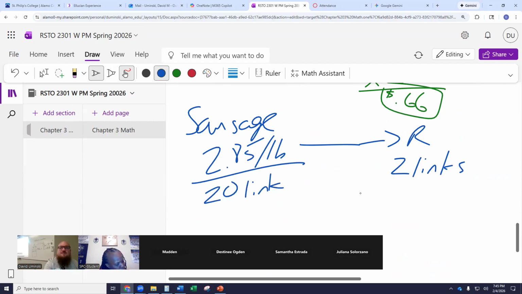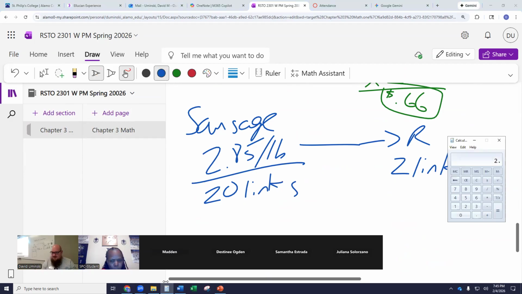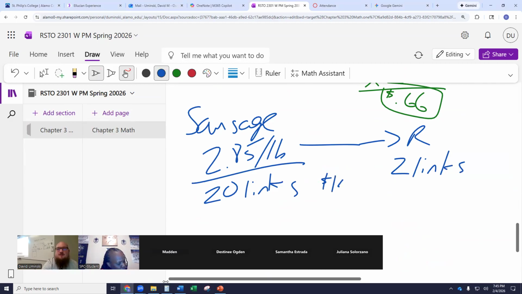That's what our recipe conversion says. 285 divided by 20 becomes what? 15 cents per link. And then we multiply by 2 to get 30 cents.